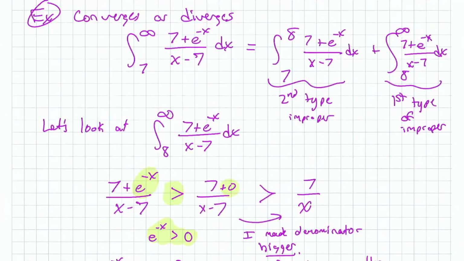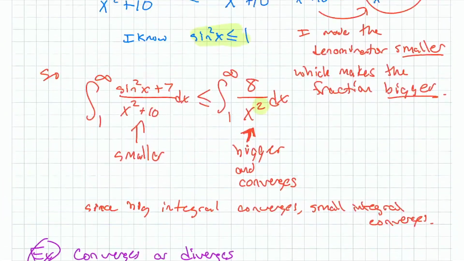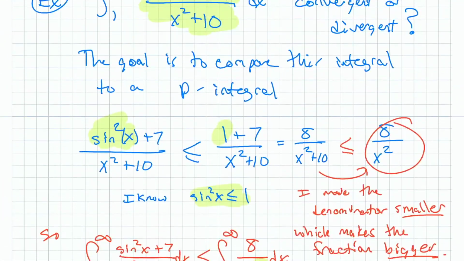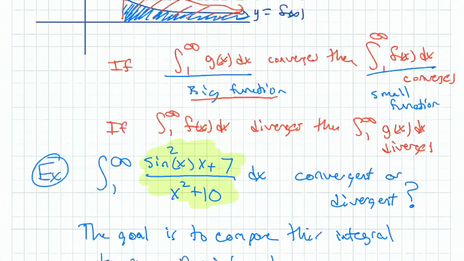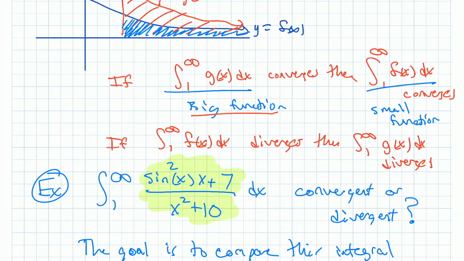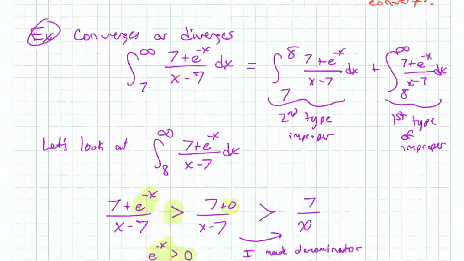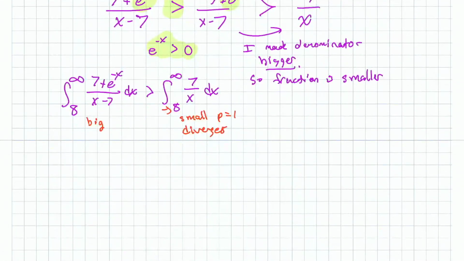So what's the comparison theorem say about that case? The comparison theorem says that if the big function converges, the small function converges, and if the small one diverges, then the big one diverges. So if the small one diverges, the big one diverges. And in this case, the small one diverges. So you're able to conclude that the big one diverges.